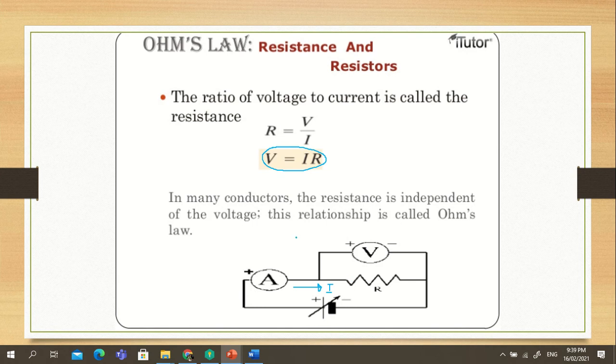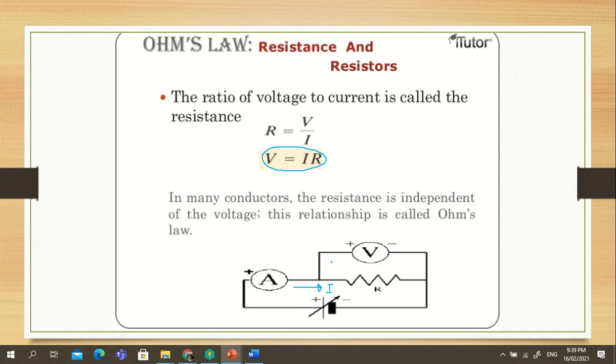So by the principle that the voltage is the product of current and resistance, when you do the actual reading, perhaps it could be different, no? It could be a little lower. In reality, the voltage reading here is a little lower. The reason is that normally the voltage source has its internal resistance, so there will be a voltage drop.